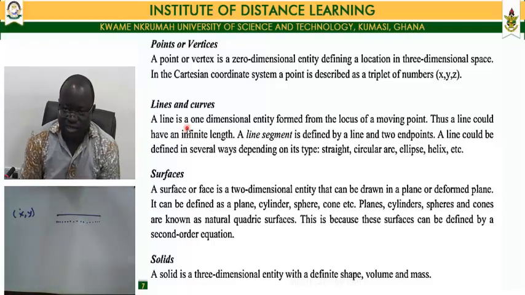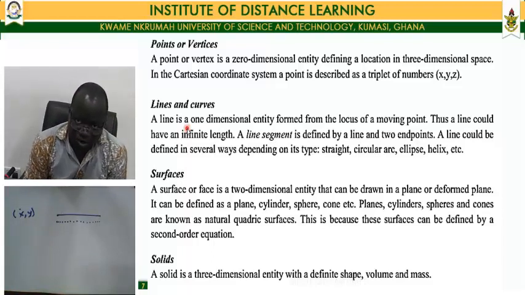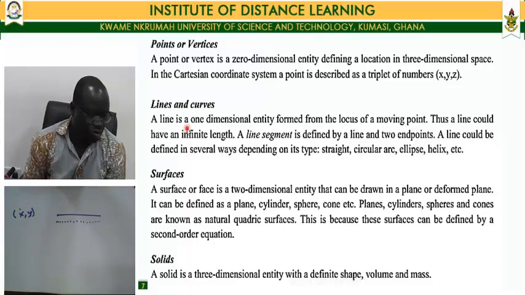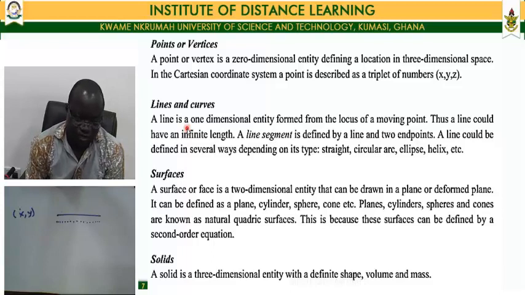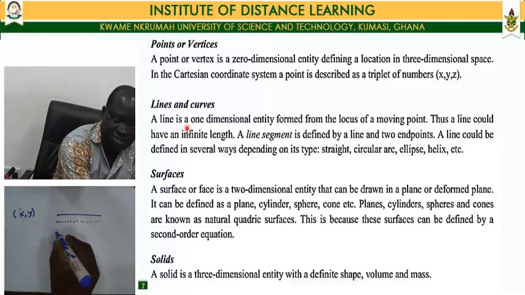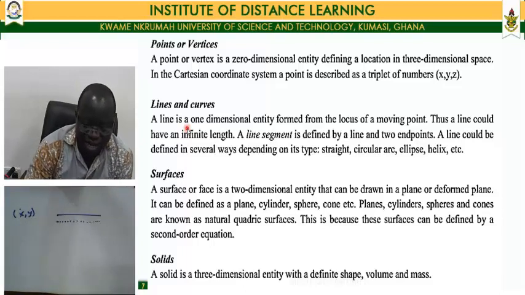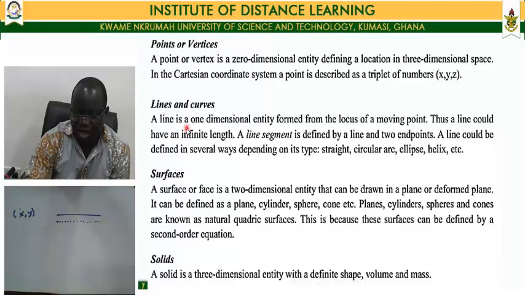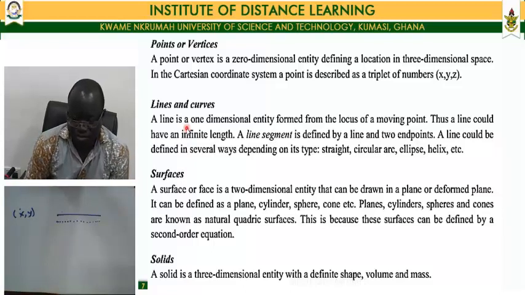So when we say a line, it's basically a locus of moving points and it goes up to infinity. If you want to describe a line which has a definite length, then it is called a line segment. We use the term line segment to define a line and two endpoints.